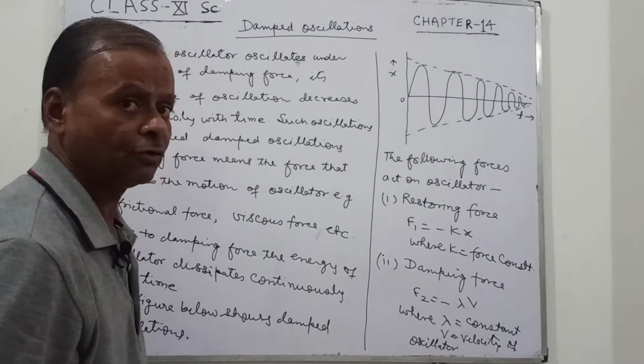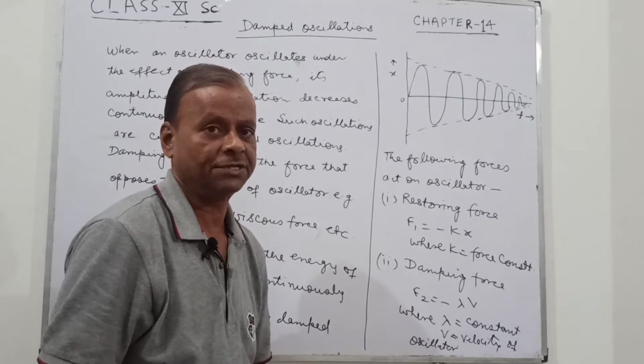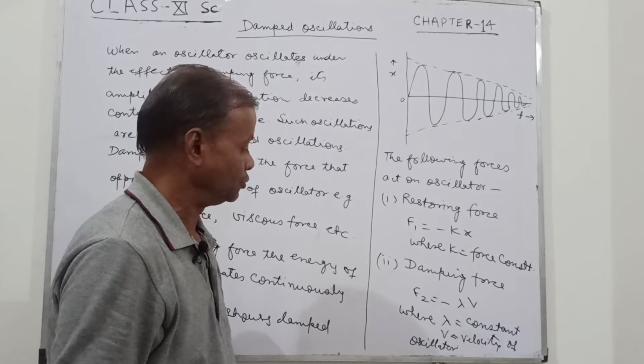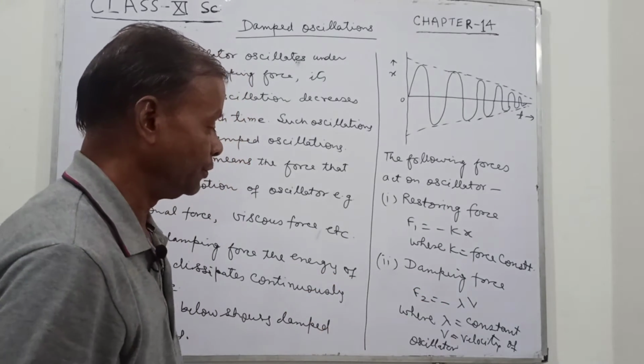The damping force is always velocity dependent. It is a function of velocity. So because of that we are having the velocity of the oscillator.